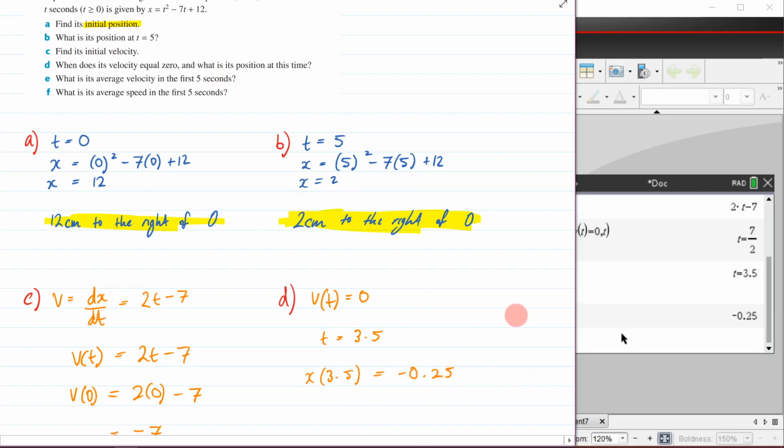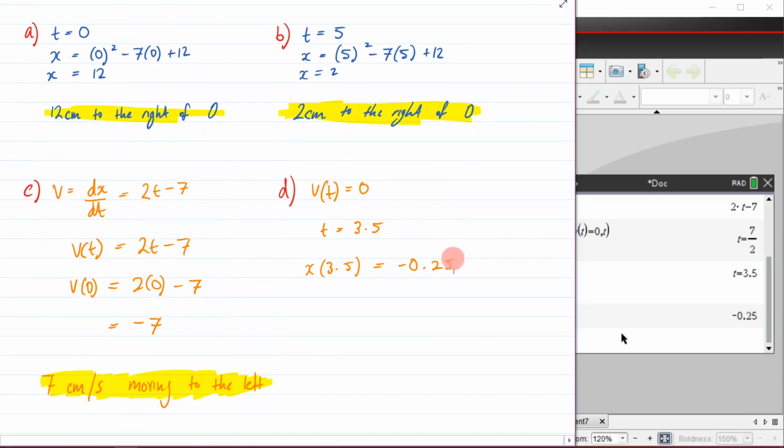So 0.25 to the left of the origin is its stationary point. So I could write that down. At rest at 0.25 to the left of O. That's where it's at rest.